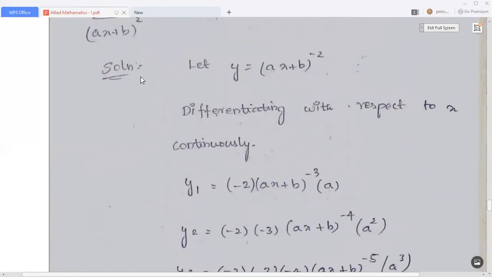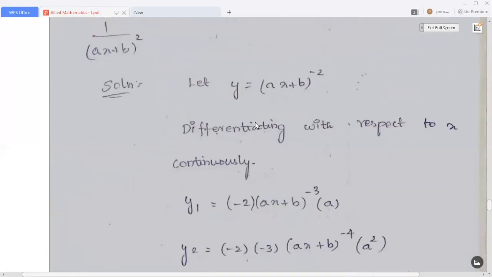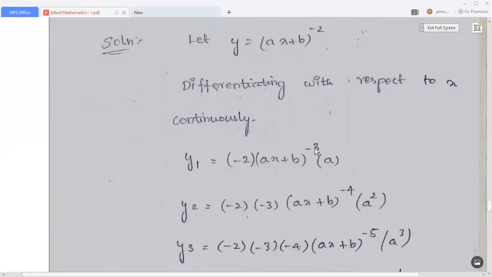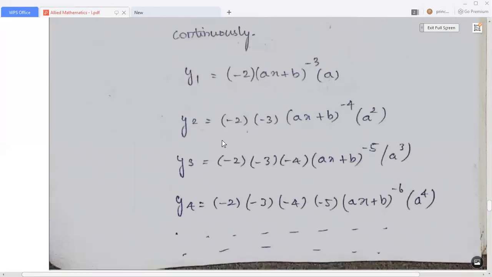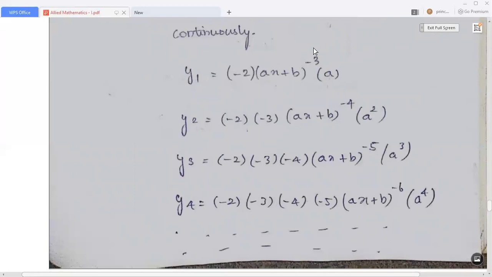Now we are going to differentiate this continuously with respect to x. Then we find y1, the first derivative, that is -2 into (ax plus b) power -3 into a. The next we find y2, y2 equal to -2 into -3 into (ax plus b) power -4 into a, that is a square.